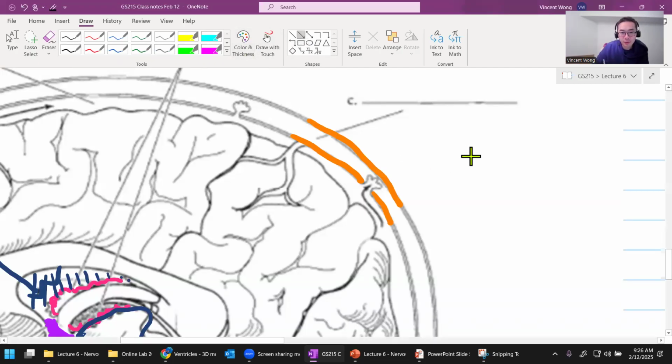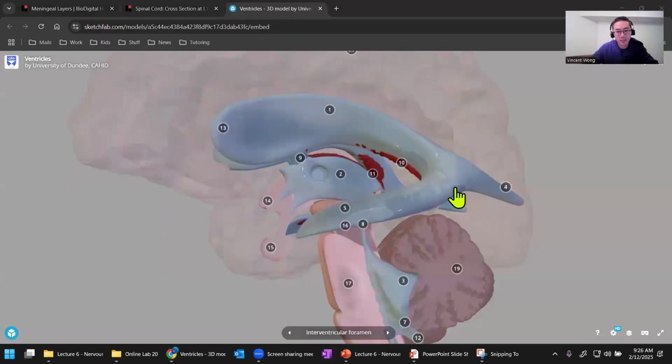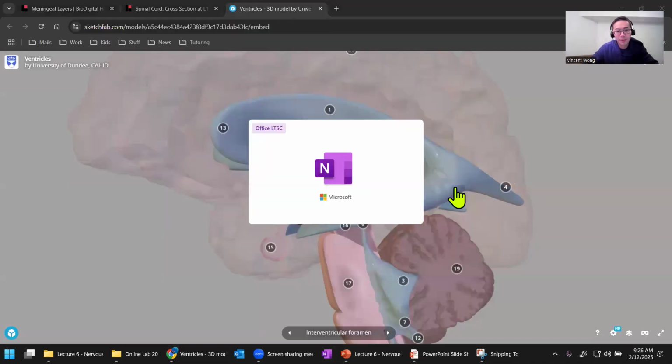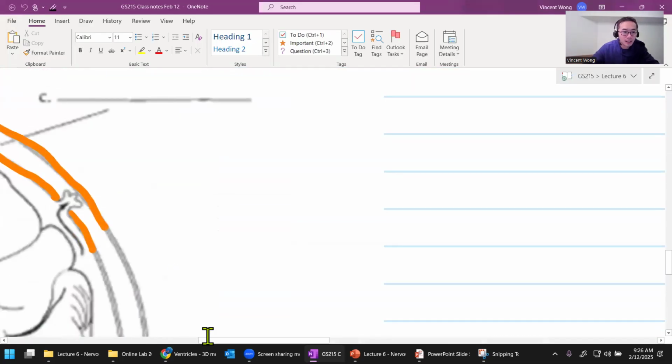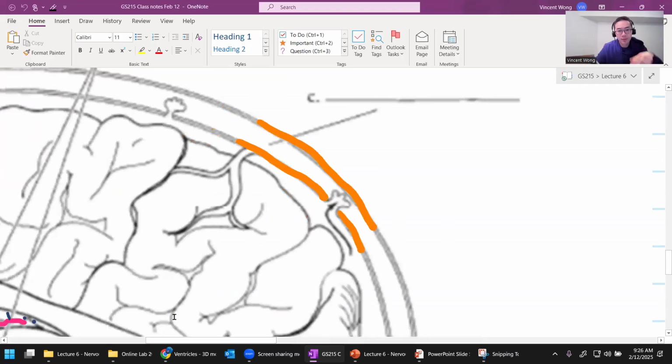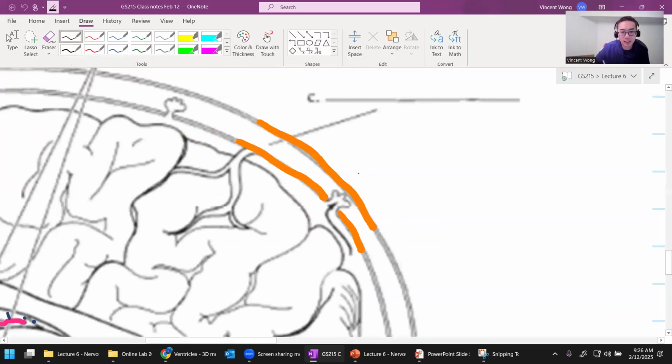Let me see if this is going to freeze. It freezes every time I use these arrows for some reason. Okay, I'll just have to not use the arrows for today. So we just draw ugly freehand arrows.